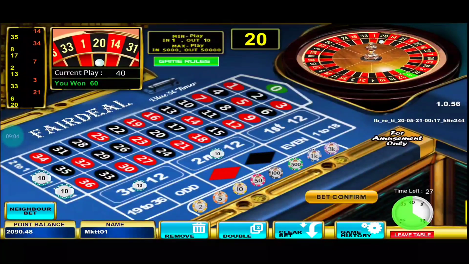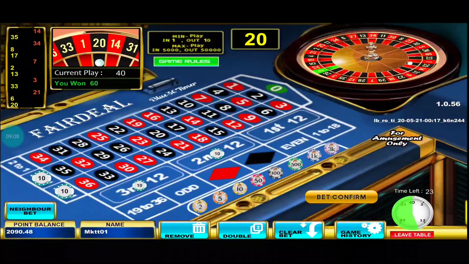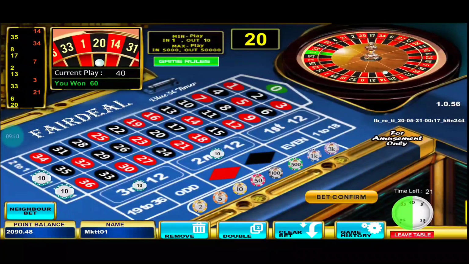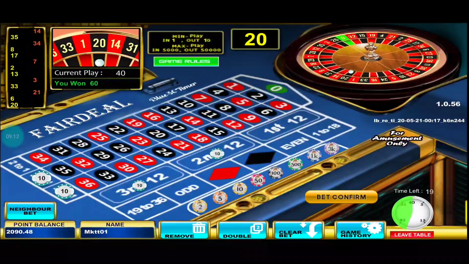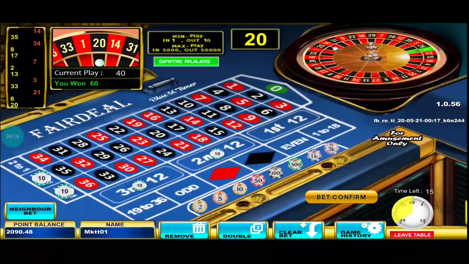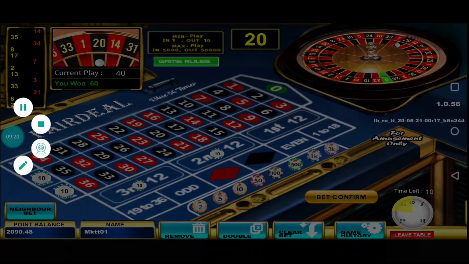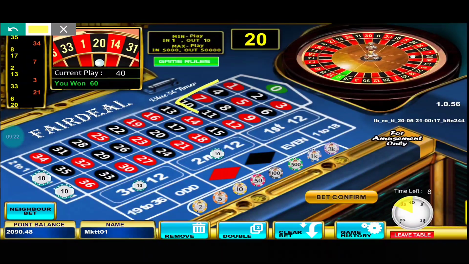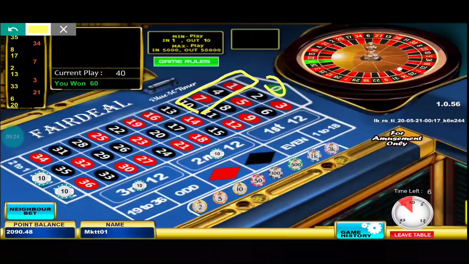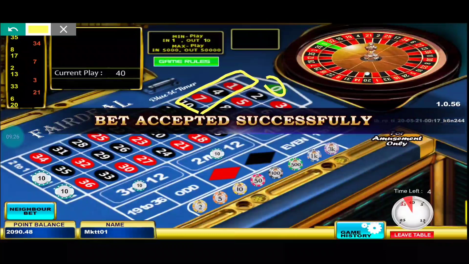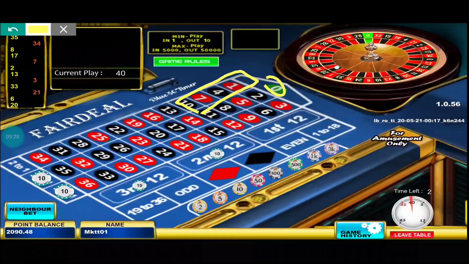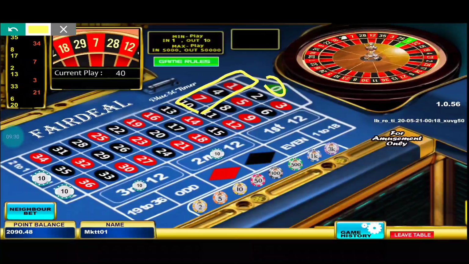So let's play again. If any number from this area and 0 will appear, then I have to double the bets, and also I have to shift the position.